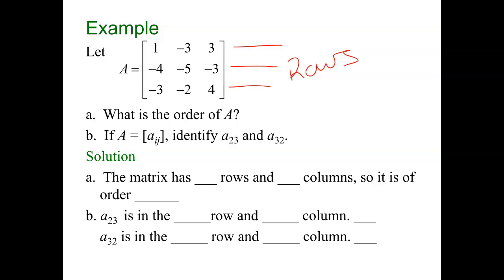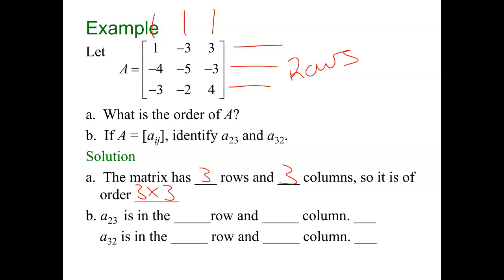And then columns go up and down. How many columns do I have? 3 columns. So the order is 3 by 3, rows by columns, a 3 by 3 matrix.